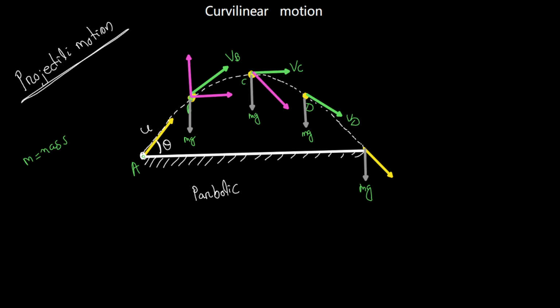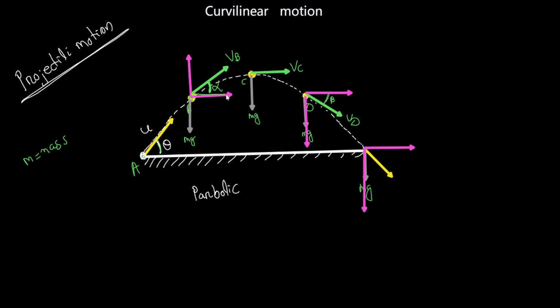Here also there will be two components, one horizontal and the other vertical. Since the path is not a circle, the angle keeps on changing. This one is alpha, then this angle is beta.